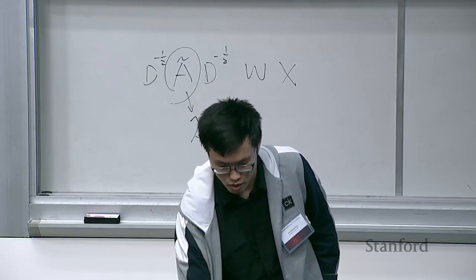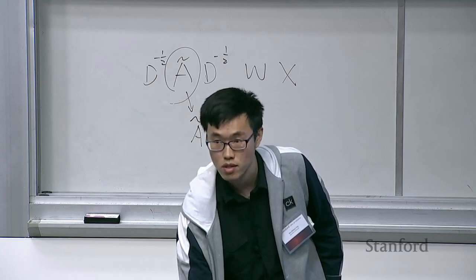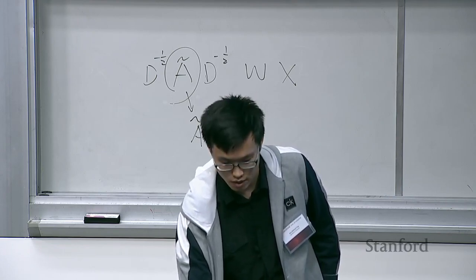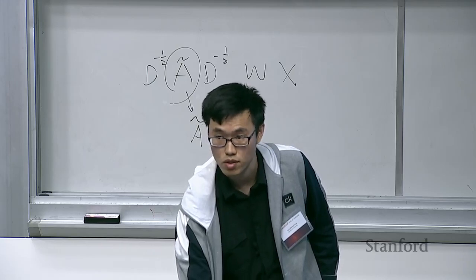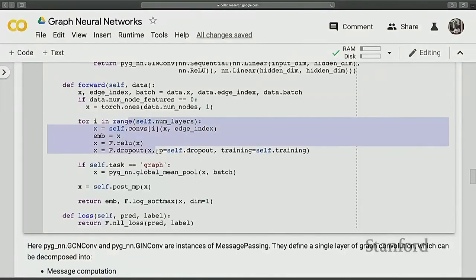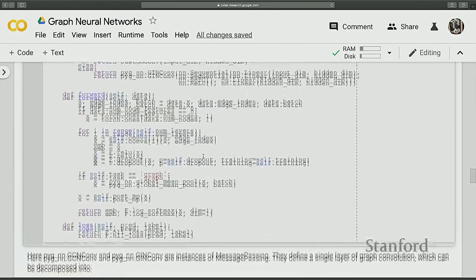I put in one conf from input to hidden, a second conf from hidden to hidden, and then a loop over 2 layers. In the forward function there's also a loop. I take the input, use the convolution I just defined, get the output, and the output is fed back in this loop as the input x. So that's the layer.